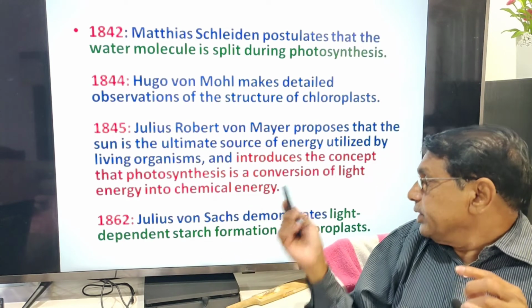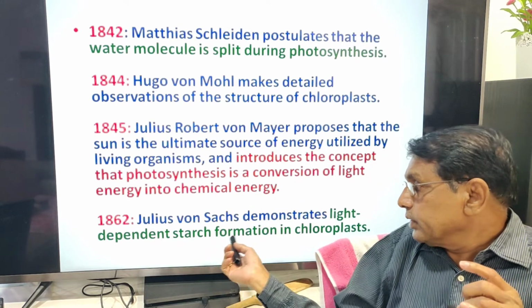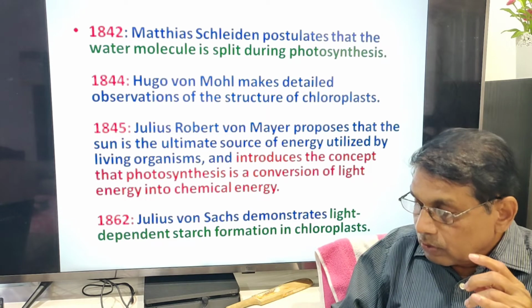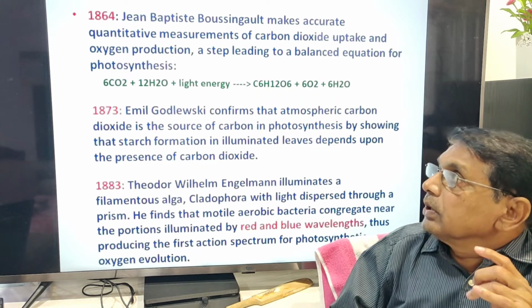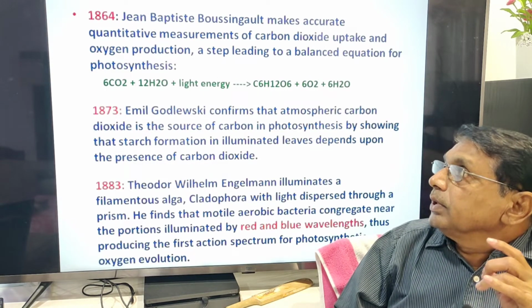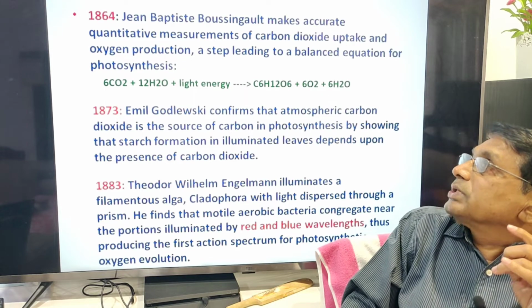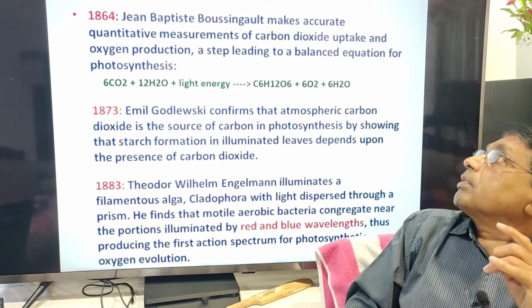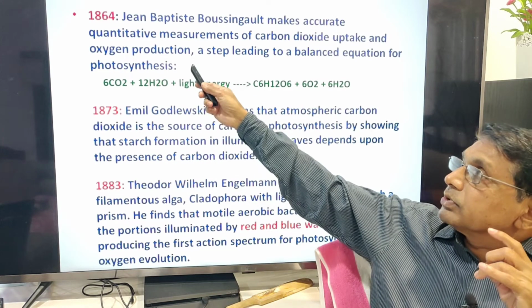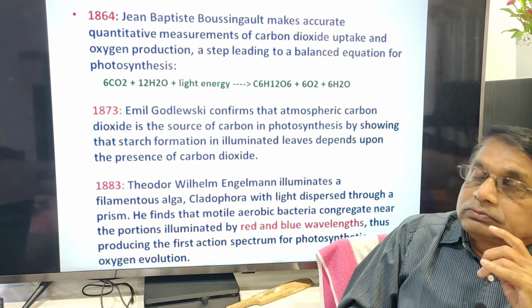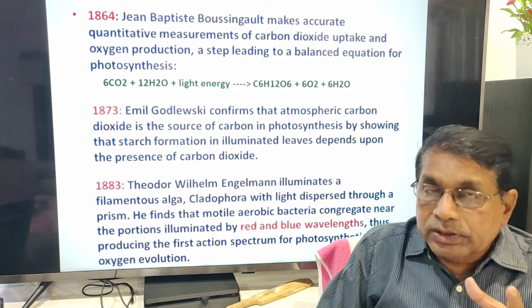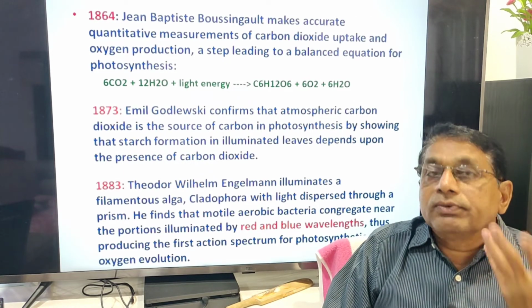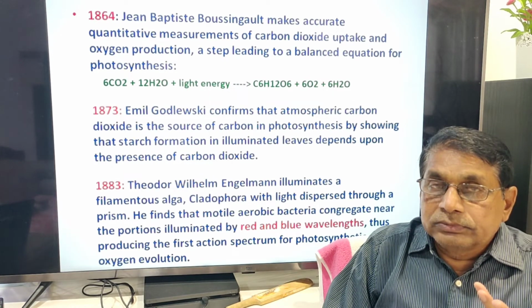Julius von Sachs demonstrates the light-dependent starch formation in chloroplasts. Then Jean-Baptiste Boussingault makes accurate quantitative measurements of carbon dioxide uptake and oxygen production, how much carbon dioxide is taken and how much oxygen is released.